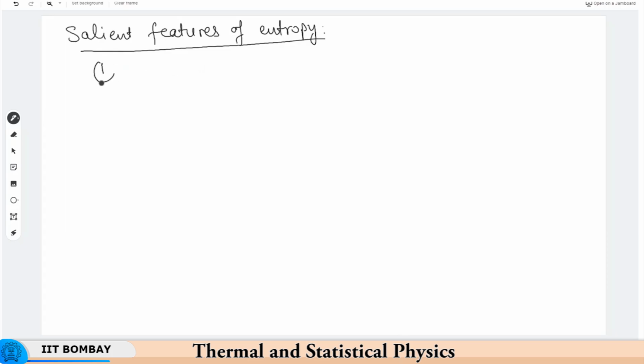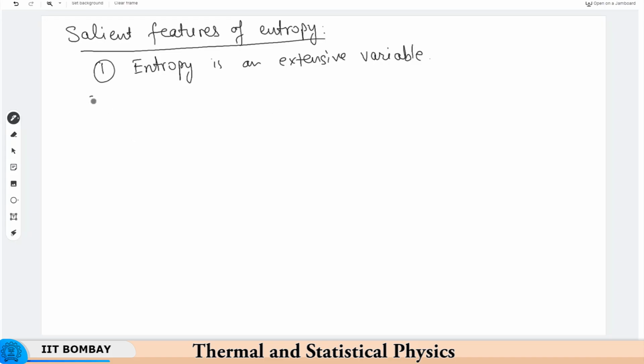You can already guess that entropy is an extensive variable, which means it scales with the system size. So if I have 10 molecules and if I have 20 molecules, 20 molecules will have more microstates because there are more positions and momenta associated with those molecules. So there are more microstates, and entropy scales accordingly.